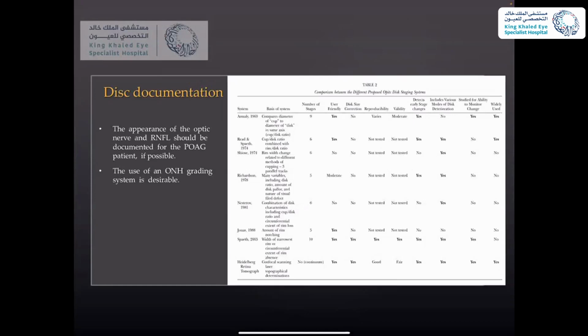You can see here that many different staging systems were published previously, and we'll go through some of them quickly.